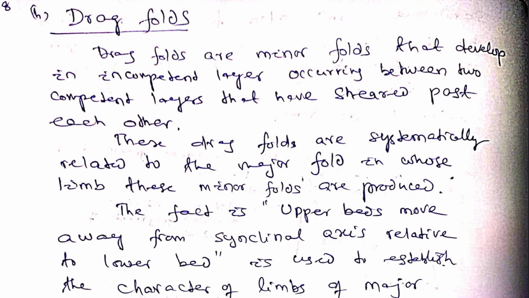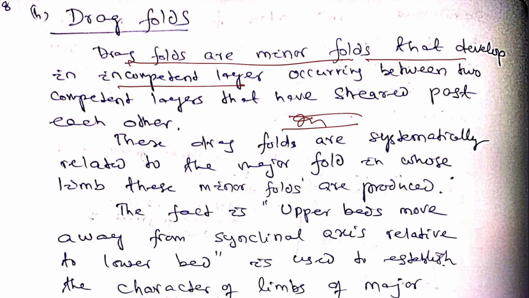Then let us see drag folds. How are drag folds useful in determination of top and bottom of beds? Drag folds result due to shearing of two competent beds covering an incompetent bed. So in the middle we have the incompetent bed, and on the top and bottom we have the competent beds. These two competent beds are found to shear past each other.